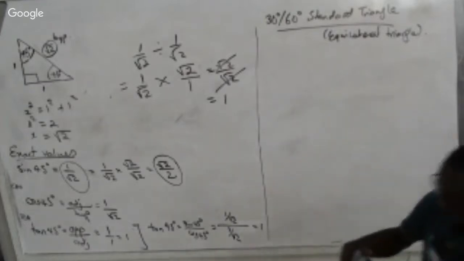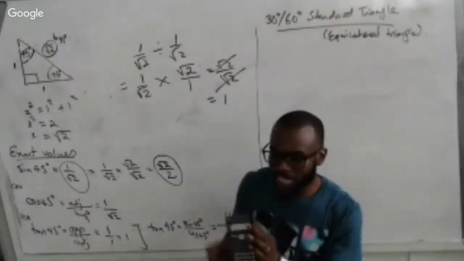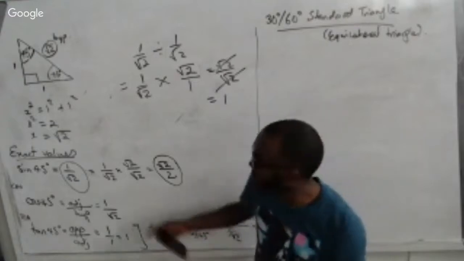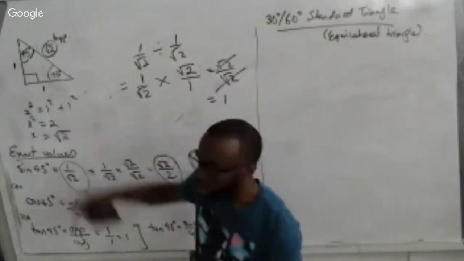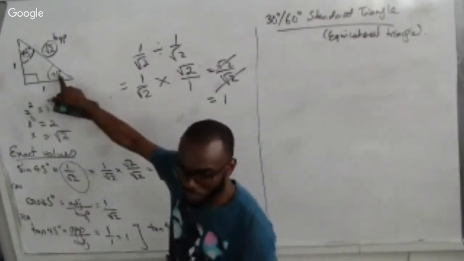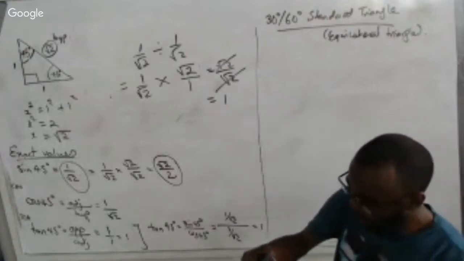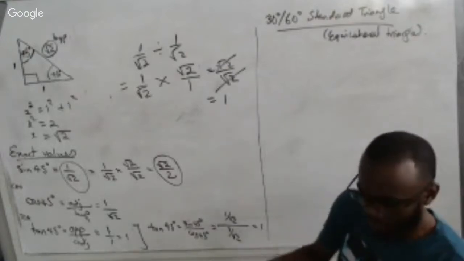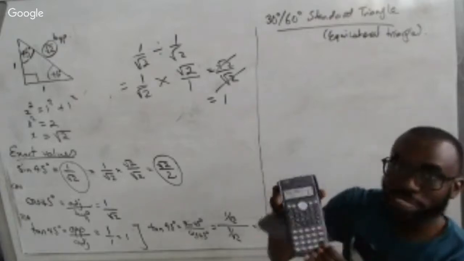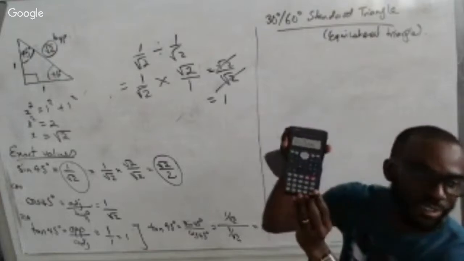When you turn on your calculator, remember you're going to see a little tiny D in a box. That means it is in degrees. So this is in degrees, and I can type sine of 45. You see sine of 45 there. And if I press enter, I will get 0.707.